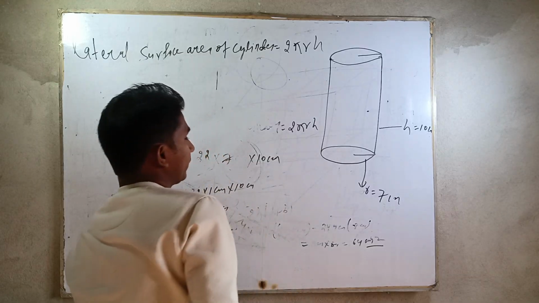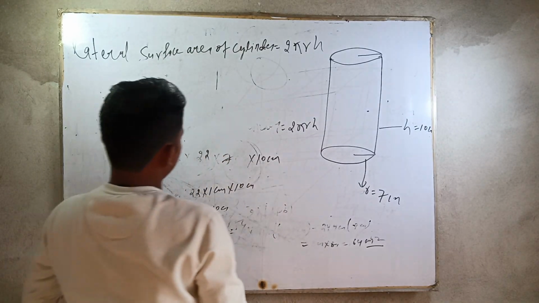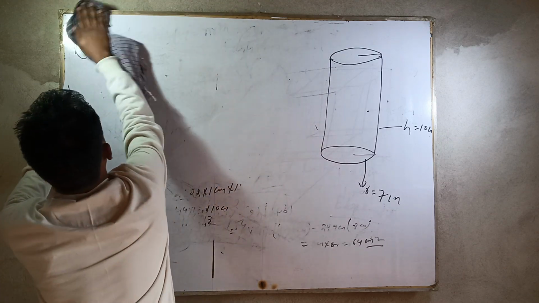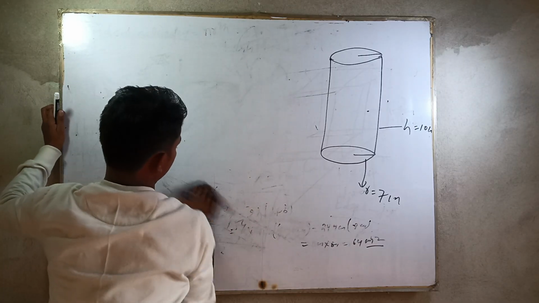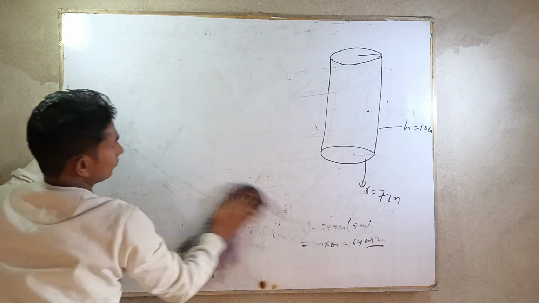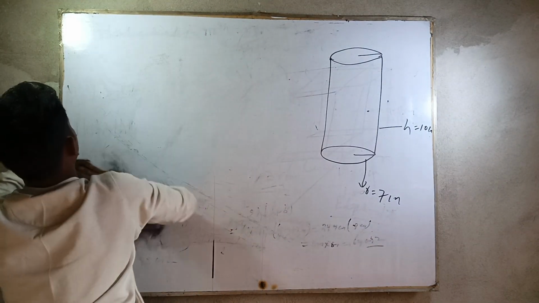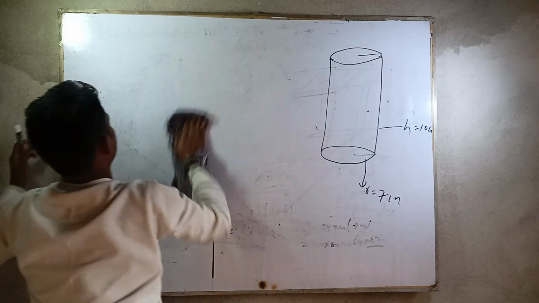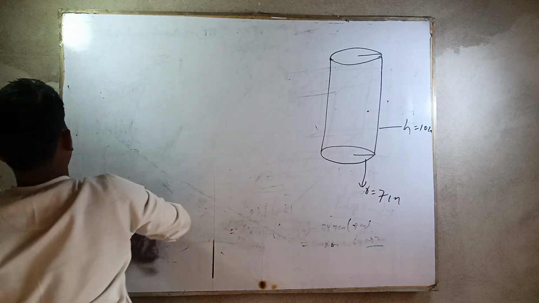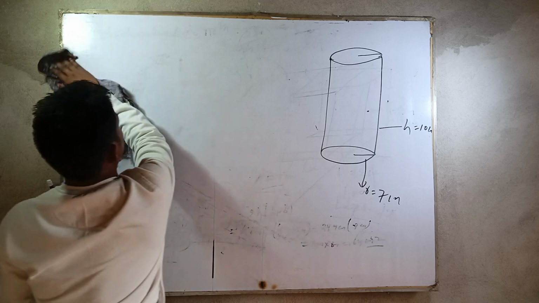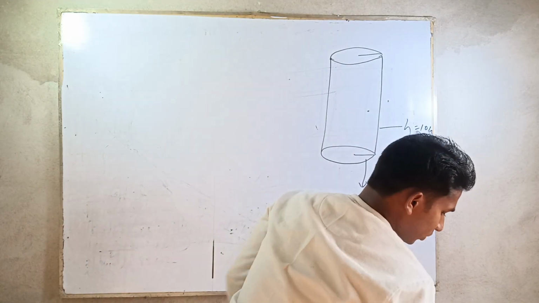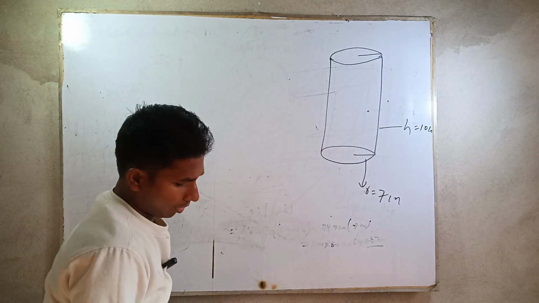So next one is total surface area of cylinder.